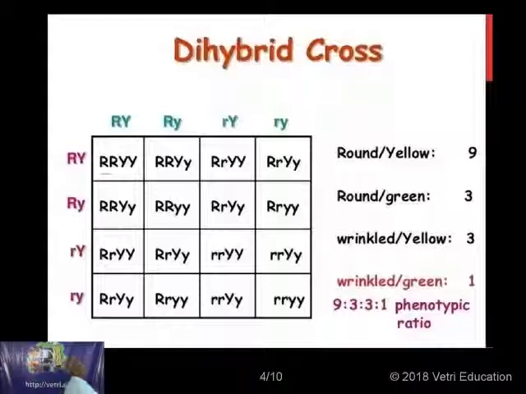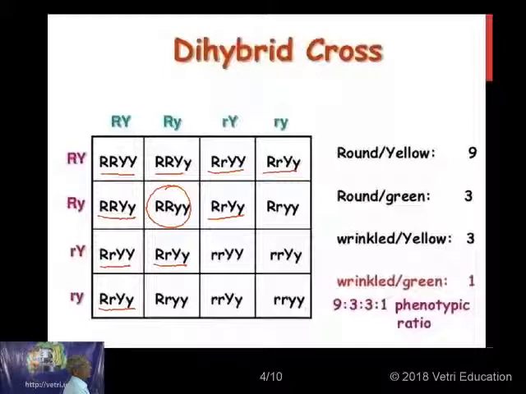So this is yellow round, this is yellow round, this is also yellow round. See, these are the 9 squares showing the yellow round. And these are the yellow wrinkled cases.